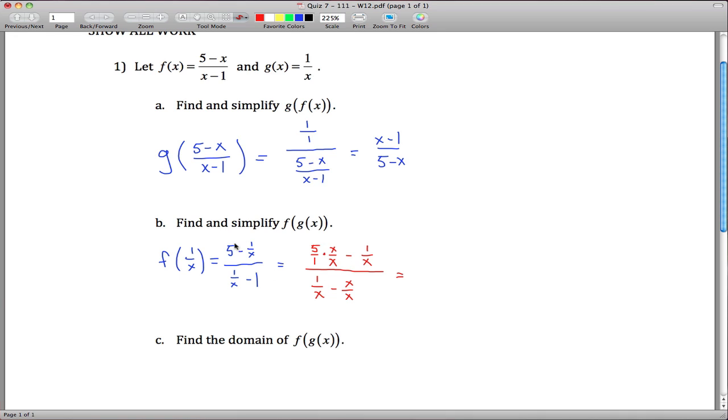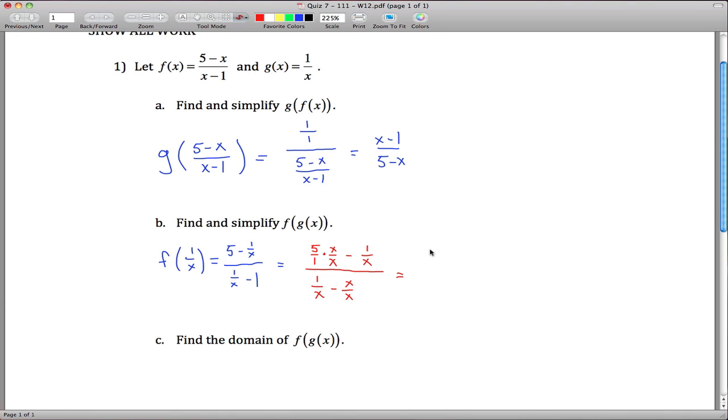I don't know why I changed color. I was going to try to add more to this one, but I didn't. But the idea here is instead of 5, you can think about that as 5 over 1. You can multiply it by x over x because that's just 1, and that'll give me a common denominator up top here. Same idea down here. Instead of minus 1, you can think about it as minus 1 over 1. Multiply that by x over x, and you get this.